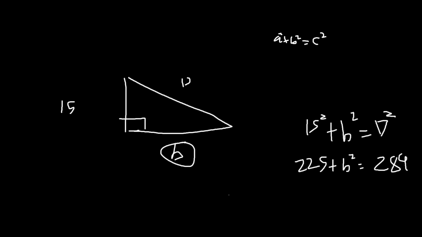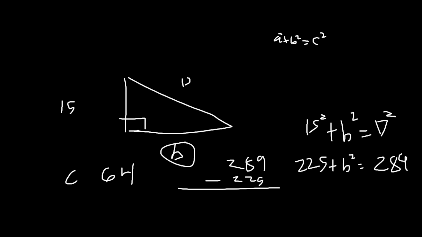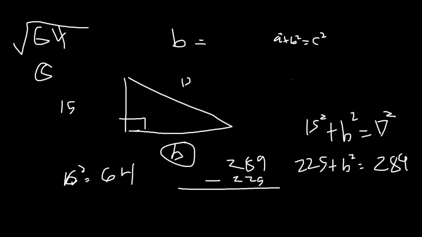So now we're going to subtract 225 from 289. And that's going to give us 64. So b squared is equal to 64. So now we need to find what b is. So we're just going to take the square root of 64, and that is going to be 8. So that means that b is equal to 8.